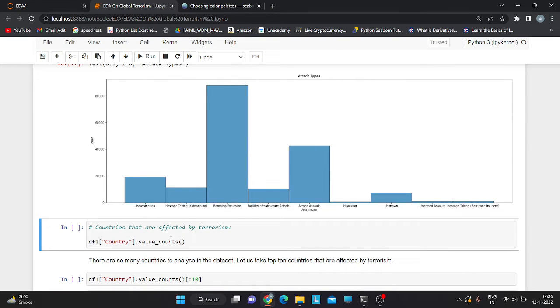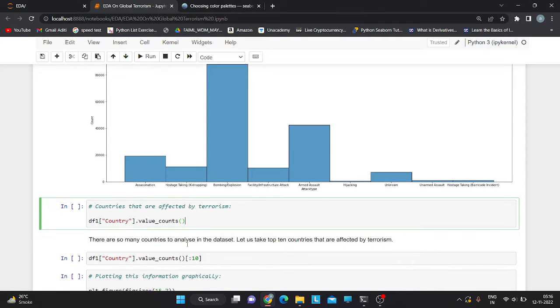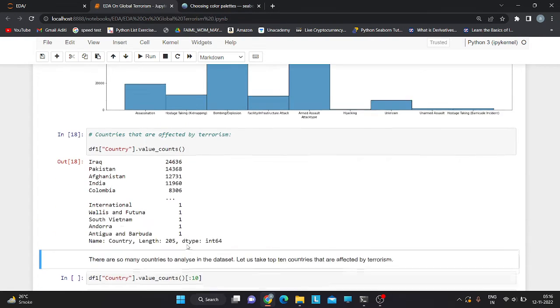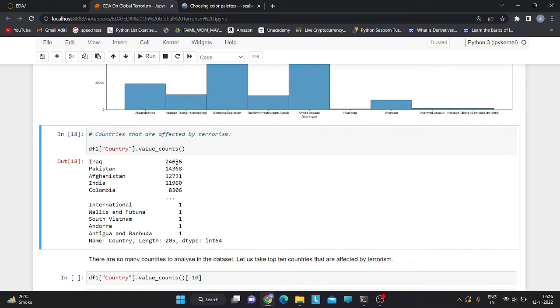Then countries that are affected by terrorism. Let us do country analysis, wherein we are going to understand the countries that are mostly affected by terrorism. There are so many countries, that's why there are dots here. Practically it's impossible to understand each and every country's attacks.